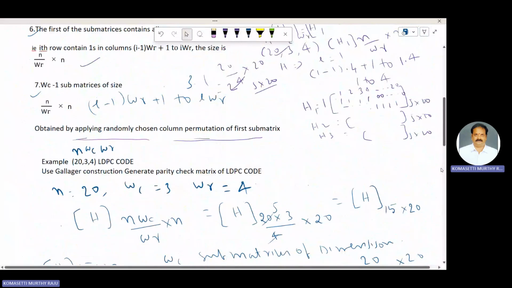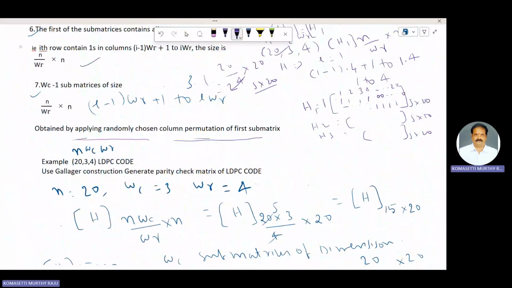At this point, WC minus 1 submatrices of size again n by WR, and 20 by WR is 4, 20 by 4 is 5. Here the 5 cross 20 is obtained by applying randomly chosen column permutations of the first submatrix.